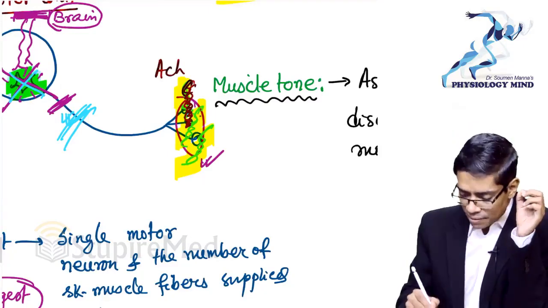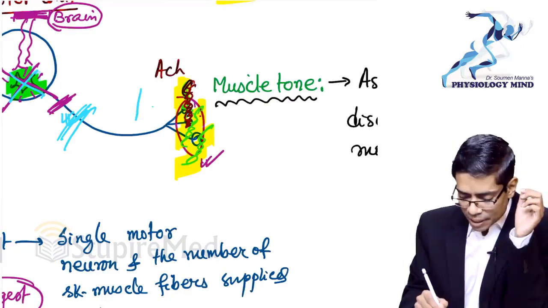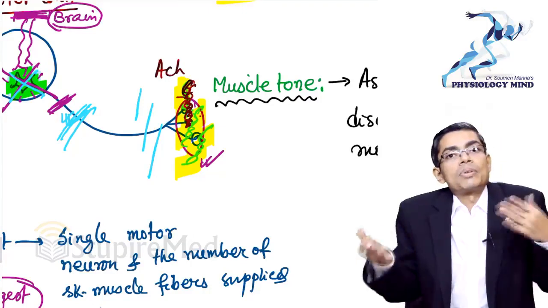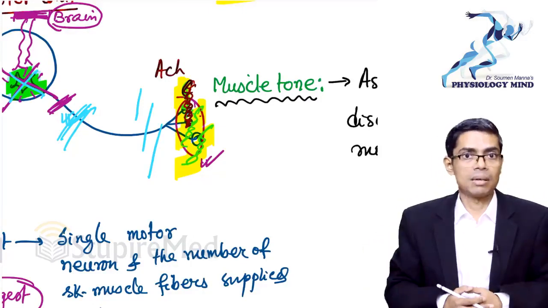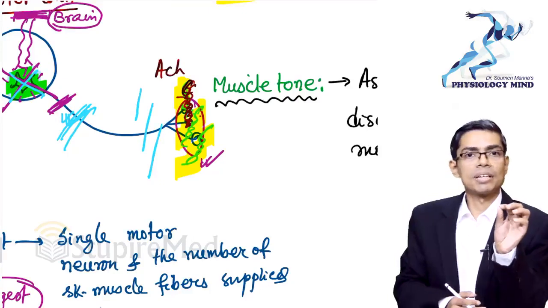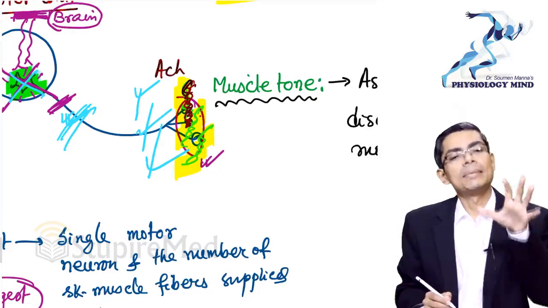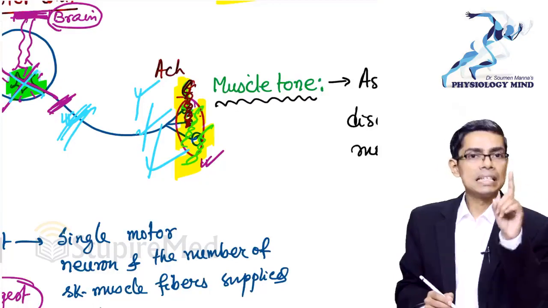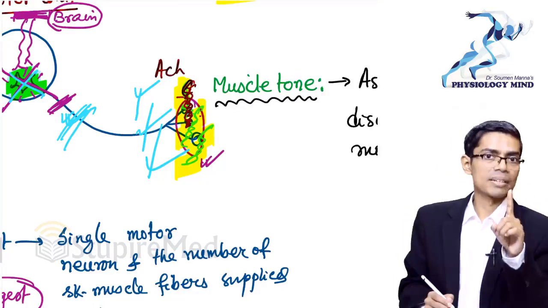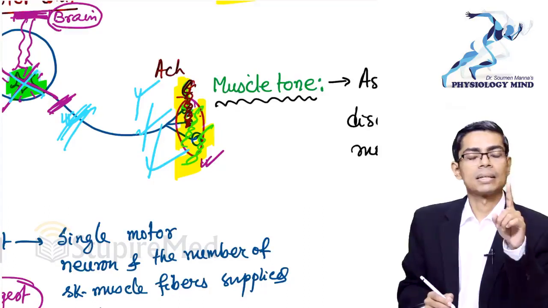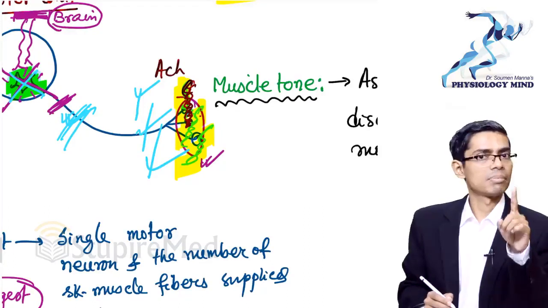All three fibers are hypersensitive to acetylcholine effect. Even if a small amount of acetylcholine is present, these muscle fibers will start contracting individually and pathologically. When an individual muscle fiber is contracting, this is known as fibrillation.